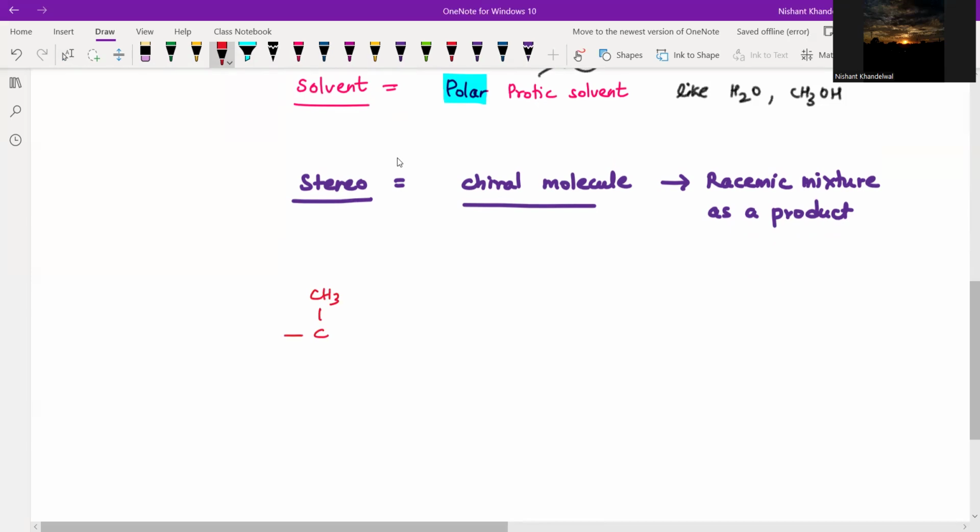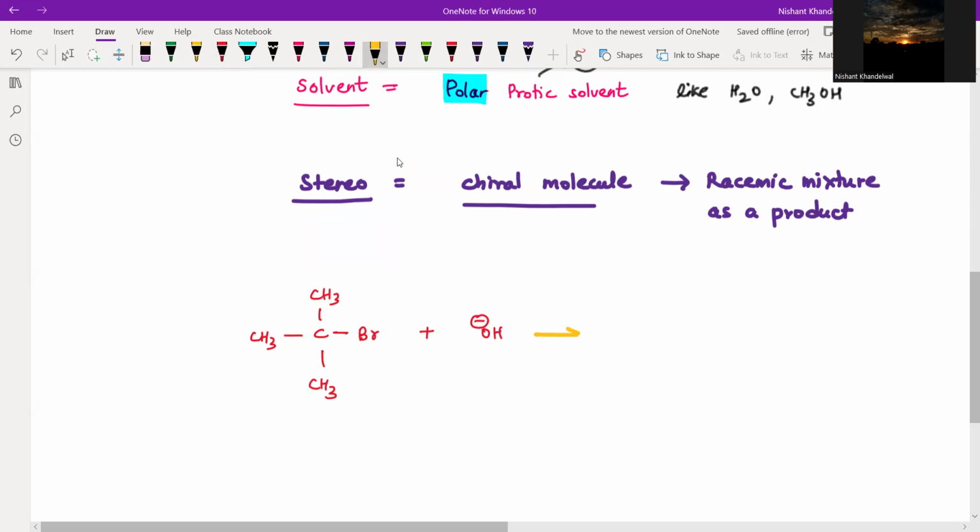So let us take a tertiary alkyl halide. And let us take any group like bromine attached to it. Then we have a nucleophile OH minus.